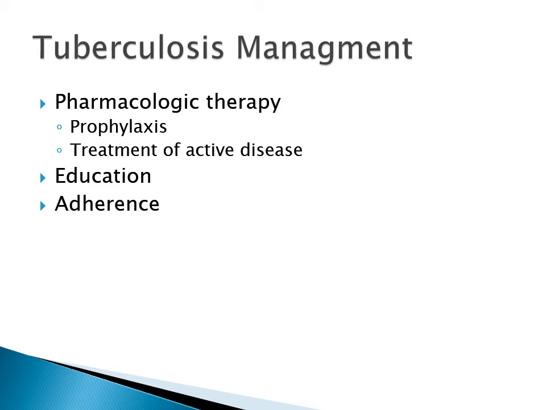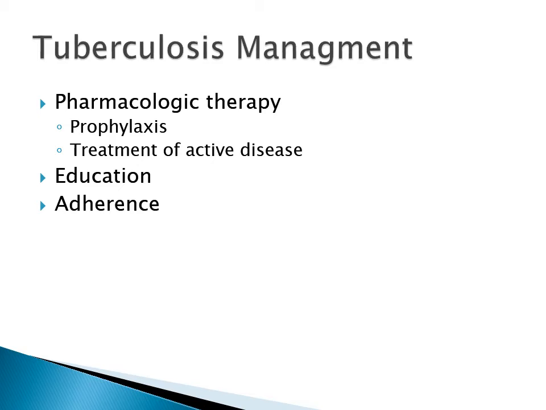In taking a look at tuberculosis management, it does center around pharmacological therapy. The differences with prophylactic versus active form of tuberculosis. Prophylaxis is you are trying to prevent the active form of tuberculosis from occurring. This is usually treated with one class of medication and is effective with preventing the active form.